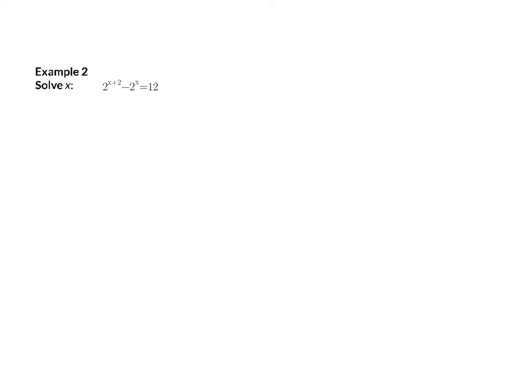That means we will have to factorize. Now, to determine what type of factorization we're going to use, we have a look at the coefficients of the variables in the exponent. In example 2, we will see that both the coefficients of those variables are 1.